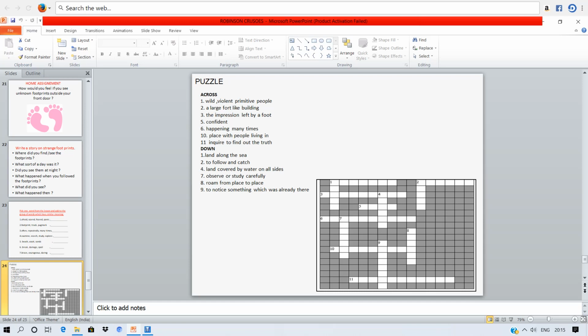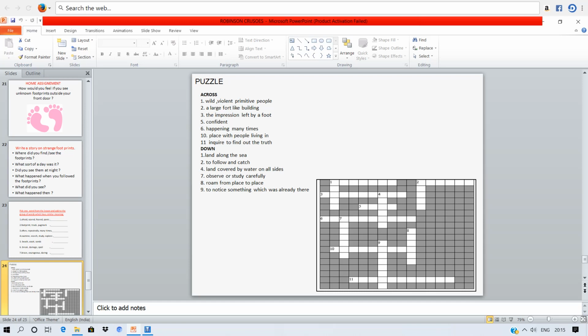First one is wild, violent, primitive people, and you have to write the answer for that. Search from your book. A large fort-like building, what is it called? You know, it is called a castle, and you have to fill it in this box. Third is the impression left by a foot. You know, it is footprint.